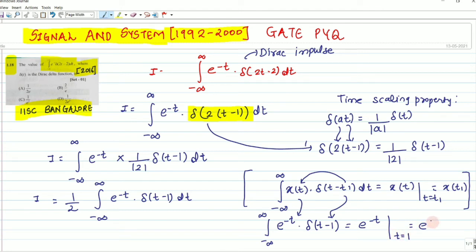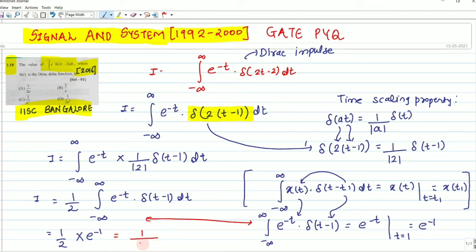We can say 1 upon 2 times the integral from minus infinity to infinity of e raised to power minus t times delta of t minus 1 dt can be written as e raised to power minus 1. Understood? Where did this e raised to power minus 1 come from? It comes from here. We have used one very important property.